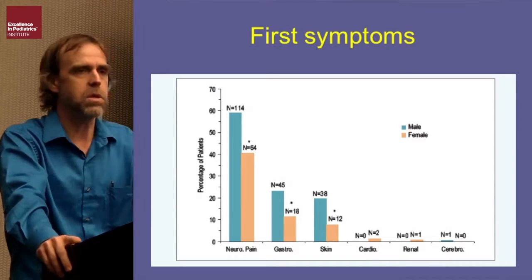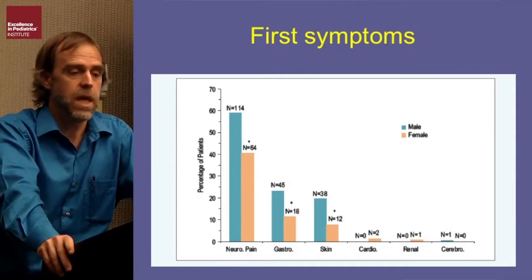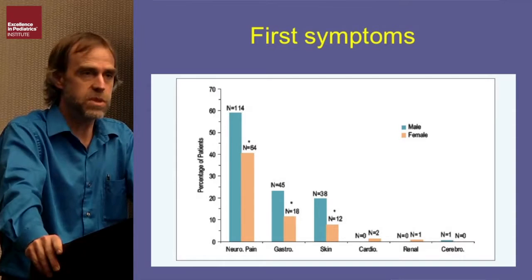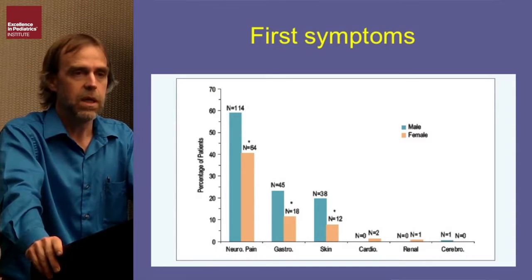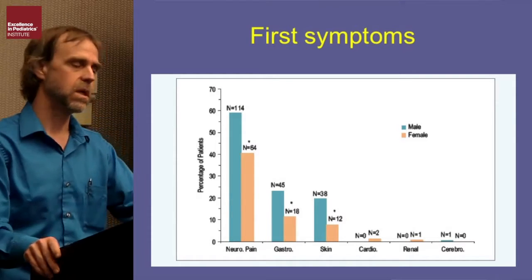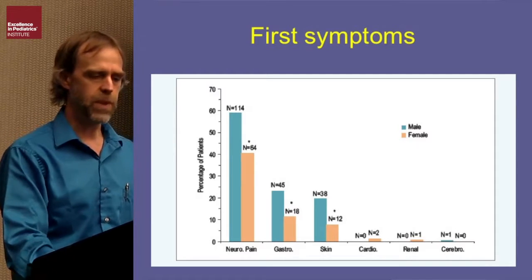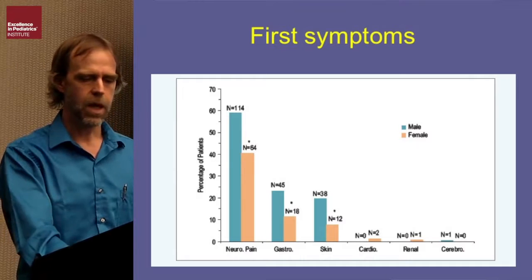The second most common symptom in children is gastrointestinal, and that can be abdominal pain, which is a very non-specific feature, but it can also be recurrent diarrhea, or in some cases gastroparesis with nausea, the nausea typically most severe in the morning.